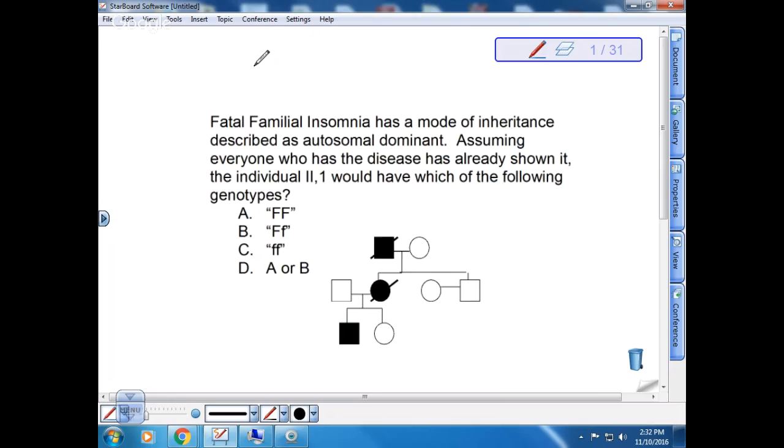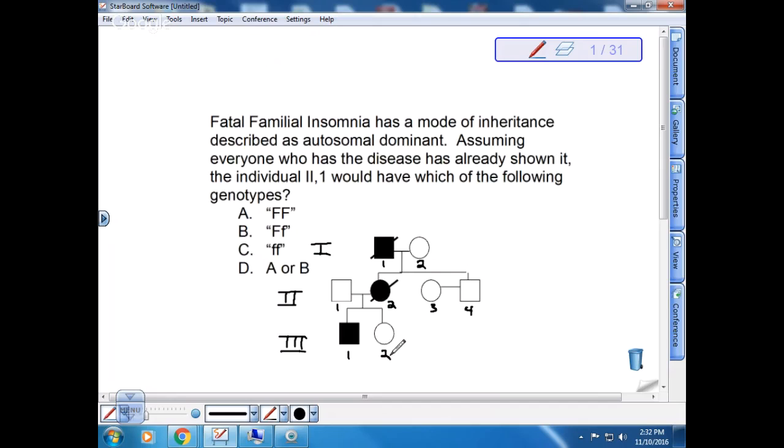When we figure out the generations, remember that the generations are a Roman numeral. So we have 1, 2, and 3. Then within that generation, we number the individuals, 1, 2, 1, 2, 3, 4, 1, and 2.